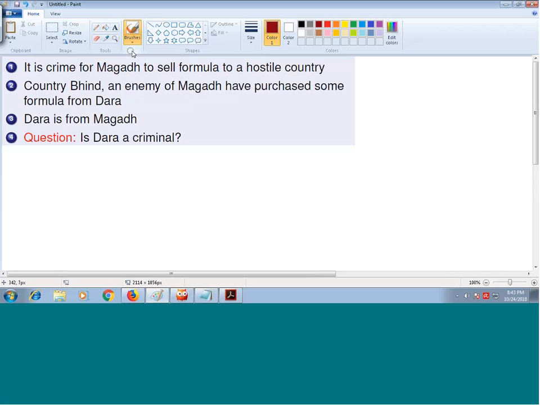So what do I mean? I want to say that for every X, Y, Z, such that Magad X means X is a Magad person, and he cannot sell a formula.